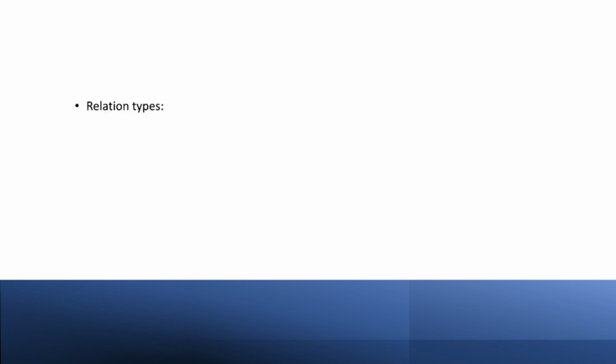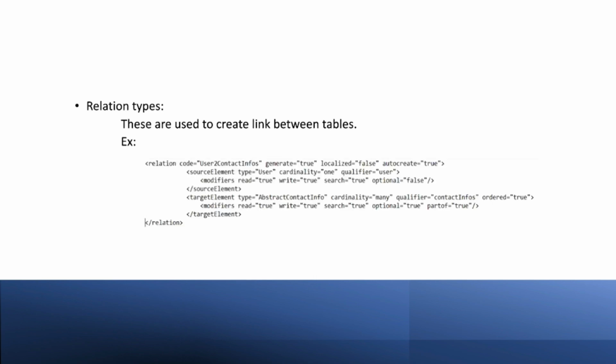And another one is relation types. Suppose we want to make a relation between two tables, or we want to create a link between two tables. In that case we are using relation types in Hybris. To define a relation, the relation tag is there. This is the process we will define a relation in Hybris.